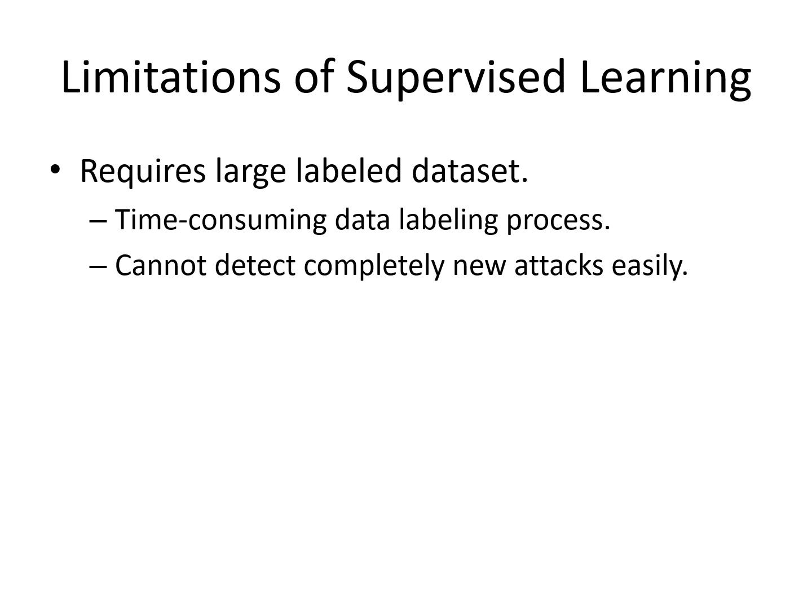Coming to the next slide, that is limitations of supervised learning. It requires large labeled data sets, where it needs a large amount of labeled data, which is time consuming and costly to prepare.